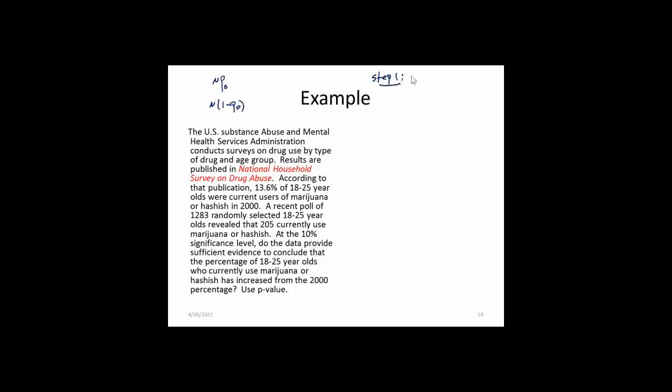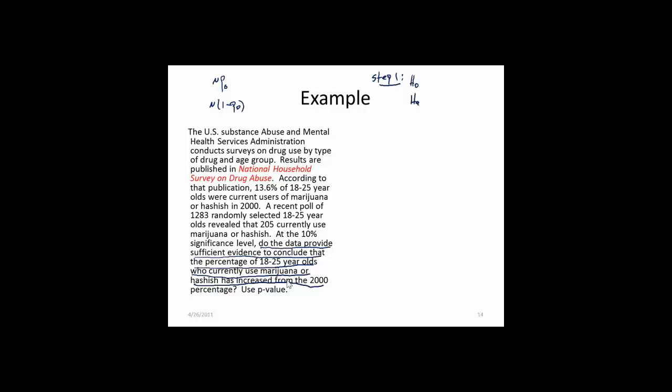Step 1, we need to come up with a null and an alternative hypothesis. Do the data provide sufficient evidence to conclude that the percentage of 18 to 25-year-olds who currently use marijuana or hashish has increased?